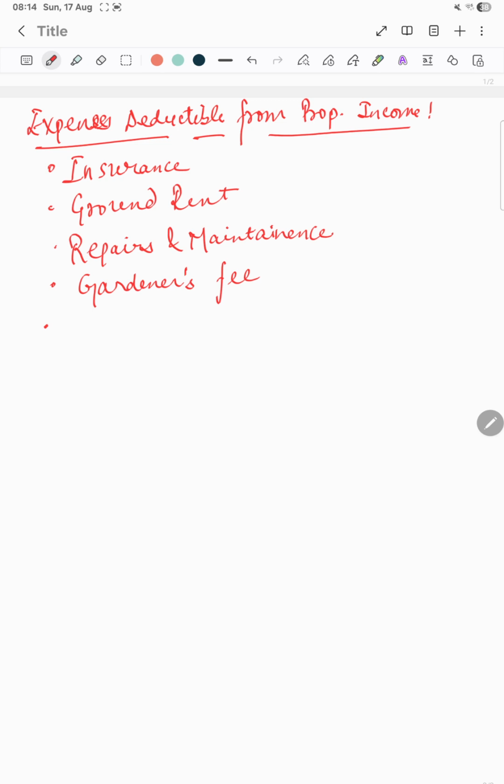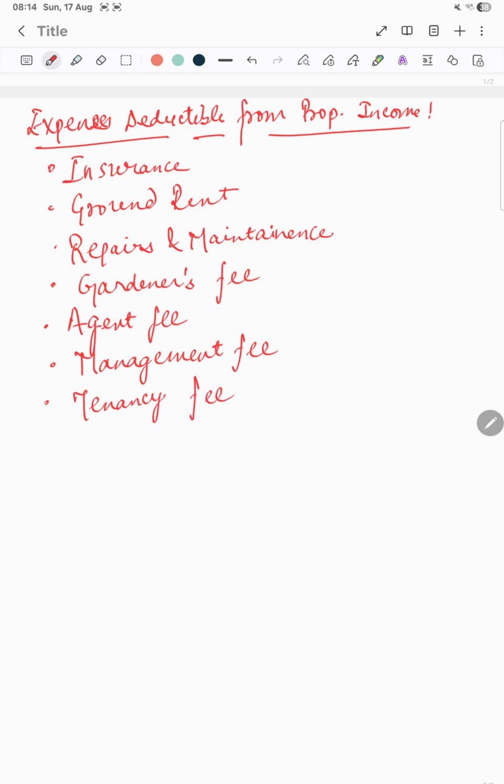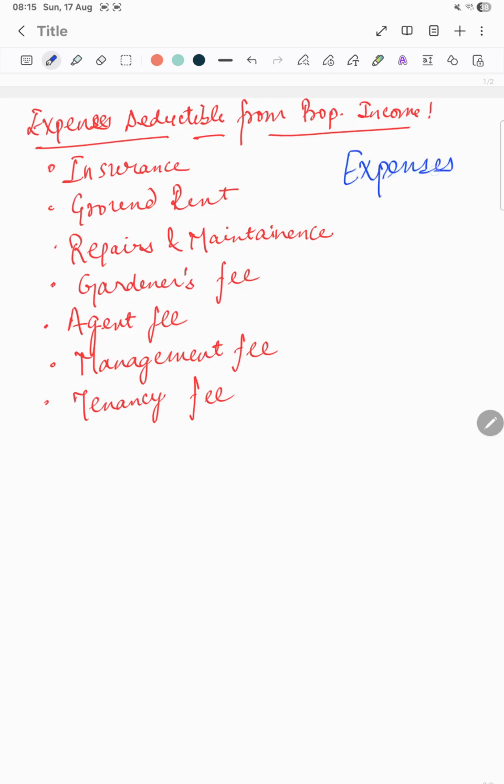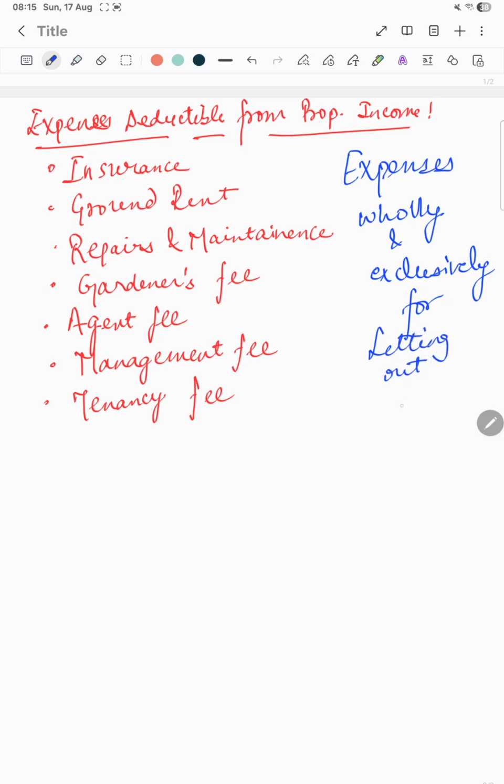Now you have let out a property through an agent, so it could be agent fee, it could be management fee because the agent is taking care of the property. Then sometimes you have to pay tenancy fee as well, and so on. There are so many other expenditures. Now, just remember the golden rule here again: the expenses which are wholly and exclusively for letting out the properties.